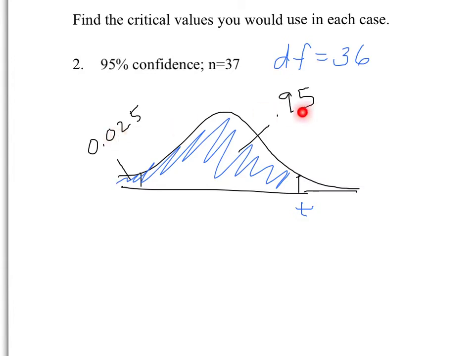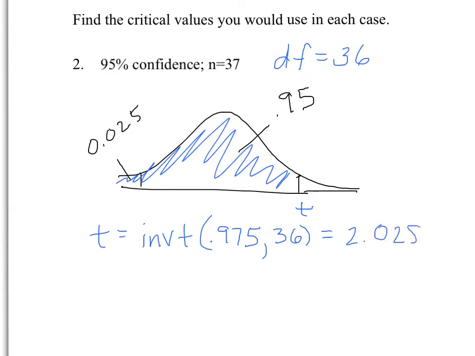When I add these two numbers together, 97.5%. So to find that t-score, I use the inverse t function. The area all the way to the left would be 0.975, and my degrees of freedom is 36. And when I do that, my critical value turns out to be 2.028.